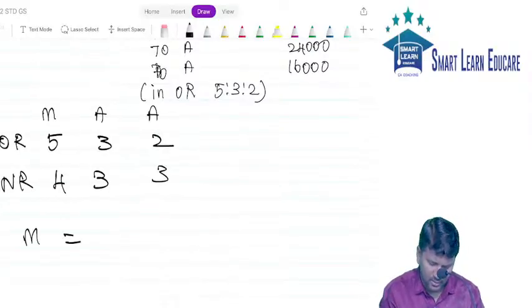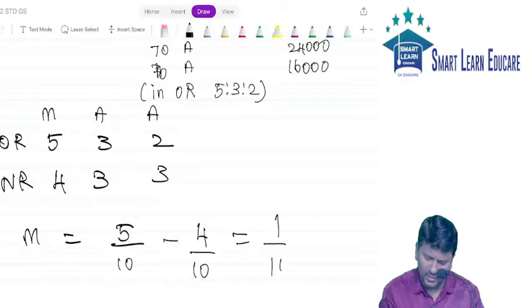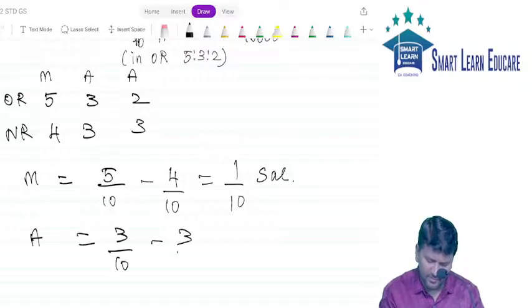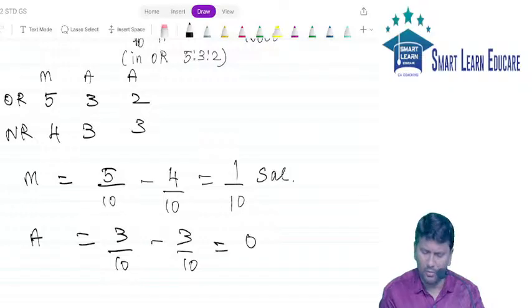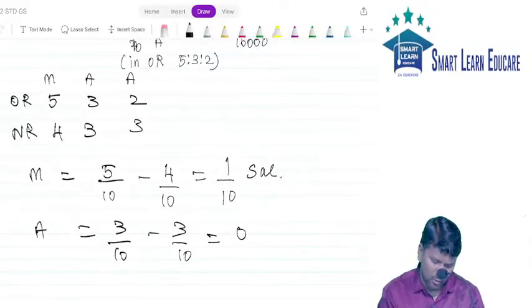5/10 minus 4/10 gives 1/10, meaning M is sacrificing. Similarly, next A: 3/10 minus 3/10 is 0, meaning that partner is neither sacrificing nor gaining.